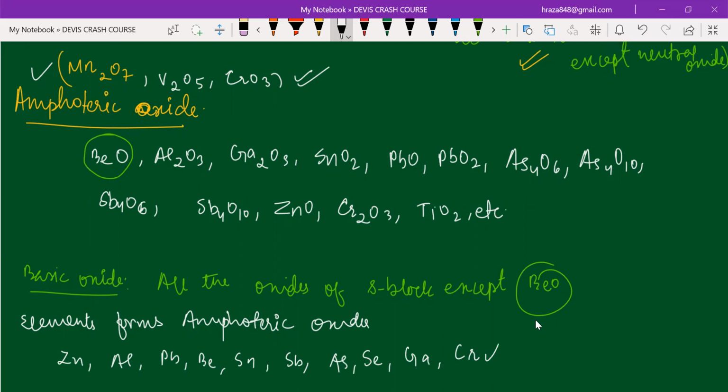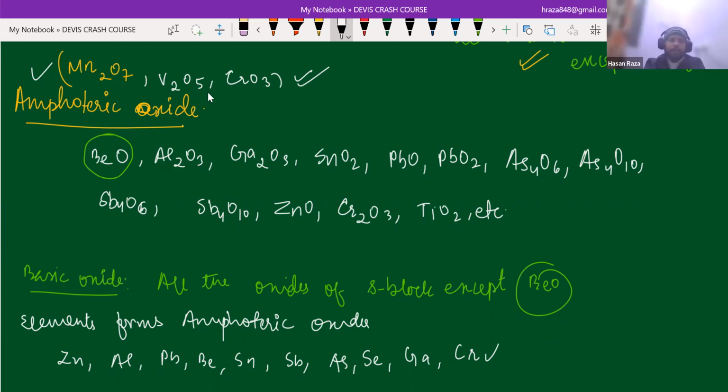Basically, all the elements which form amphoteric oxide. So please do write it. Done. Very good.